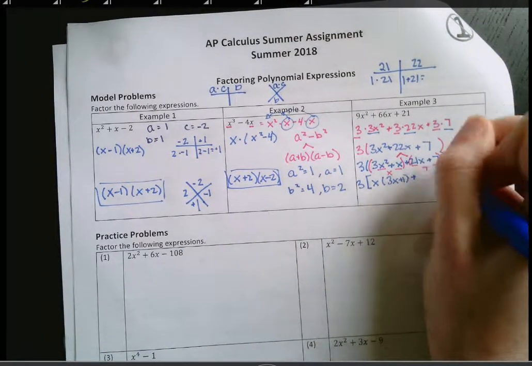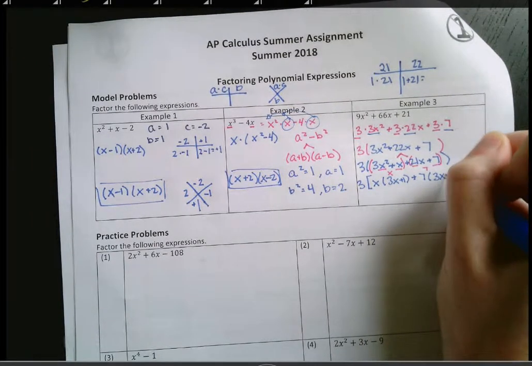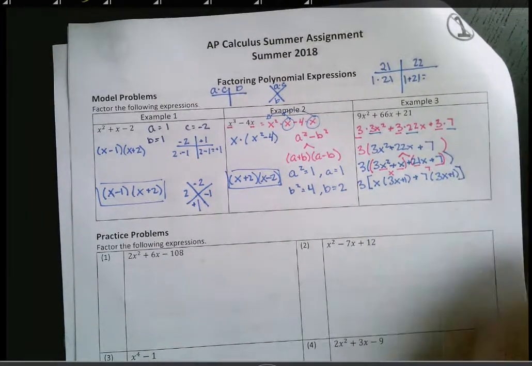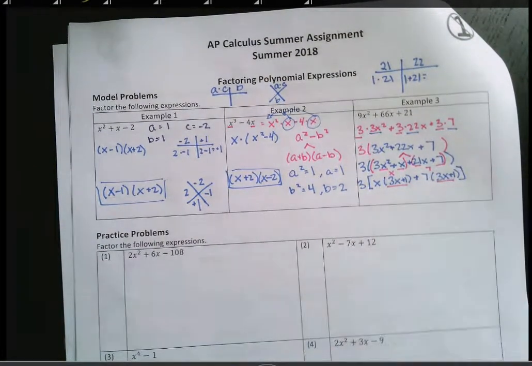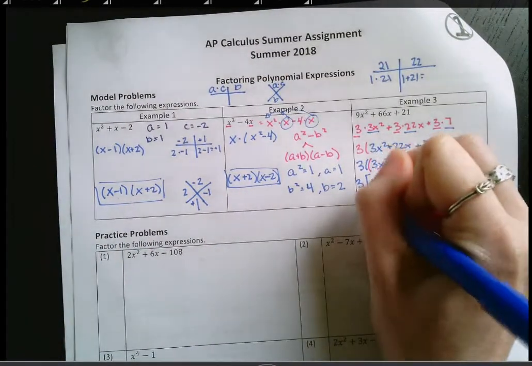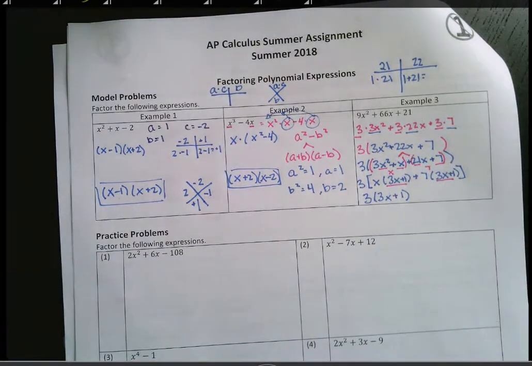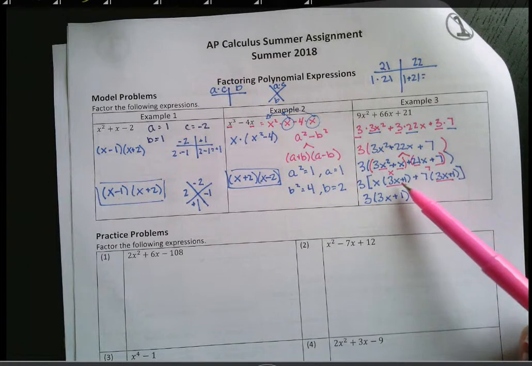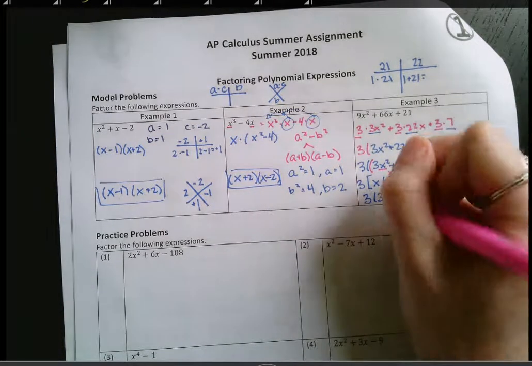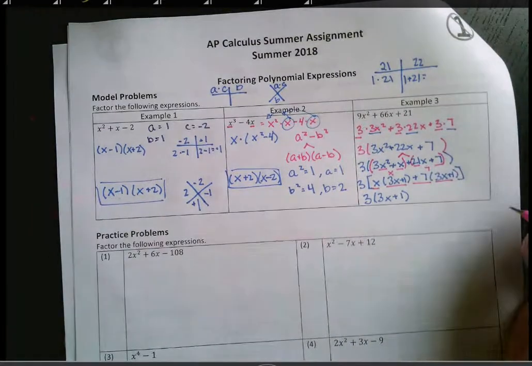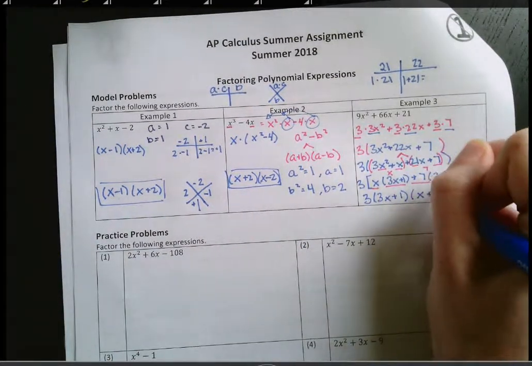Plus, well, if I take 7 out of each of these, it'll be a 7 times a 3x plus 1. So you should be recognizing, hey, these both have a 3x plus 1. That's actually your first factor here. So 3x plus 1. My second factor, what I'm technically doing is factoring this out of each of these. I'm dividing this out, so what it would leave behind is an x and a plus 7. So that's my second factor, x plus 7.